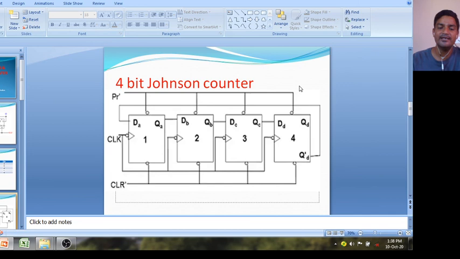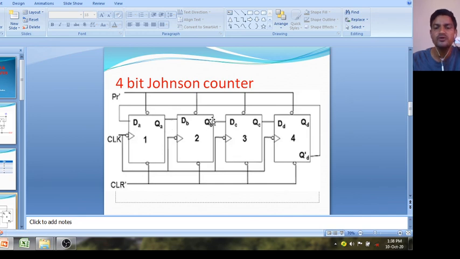Now in this circuit, the value of clear bar is 0 and PR bar is 1. It means these flip-flops are not presetting, means the preset pin is not working, but the clear value is 0, so all will be cleared before applying the clock pulse. So initially what will be the value?